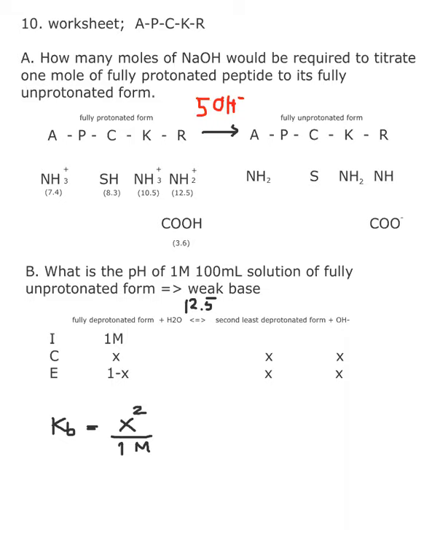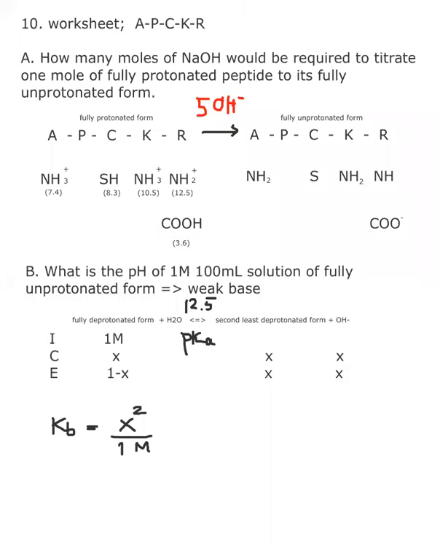Since the pKa of this step is 12.5, you have to change pKa into pKb and then change pKb back into Kb. So Kb in this case would be 0.0316, and you can plug it into this equation.